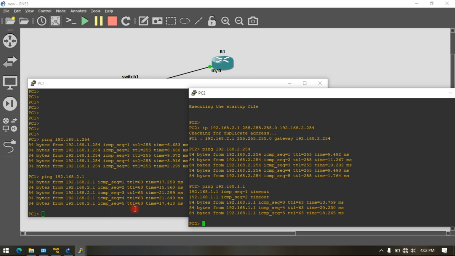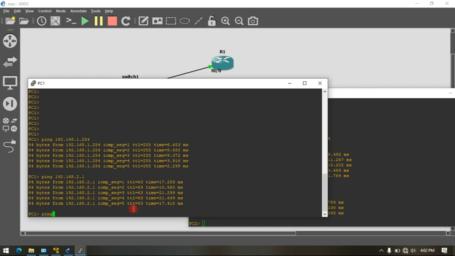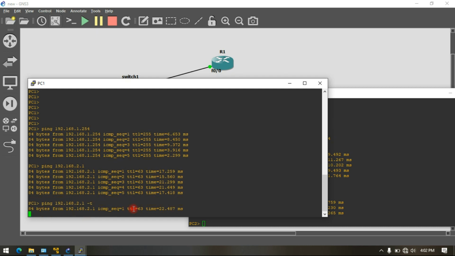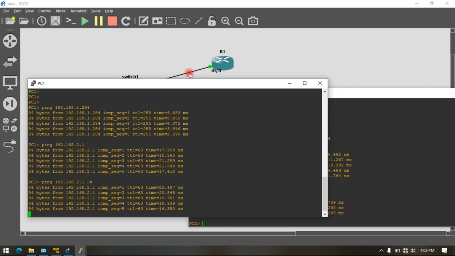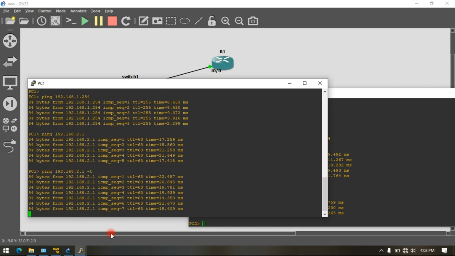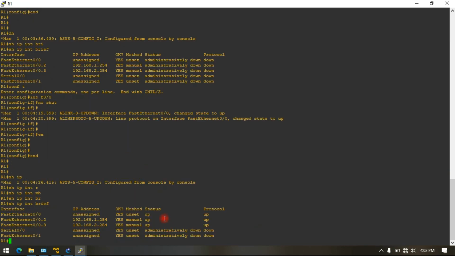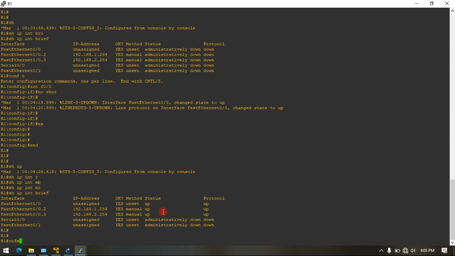Now I'm going to do a continuous ping from PC1 to PC2. At the moment it's working. Now routing is taking place on the router, so let me go to the router over here.